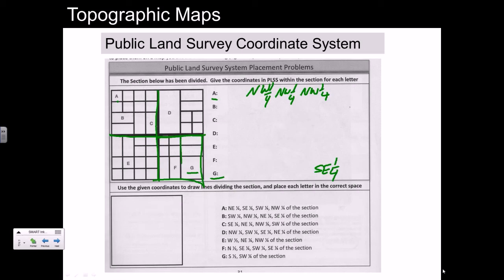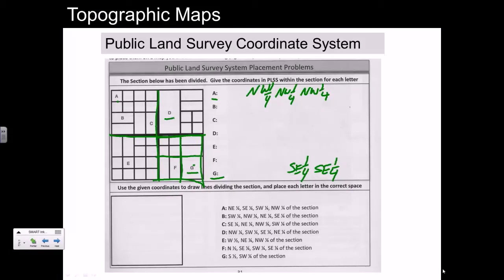And then within that box, we're going to cut it up into fours again, and it's down here, and it's in the southeast quarter of that particular quarter. So it's in the southeast of the southeast. And then we don't have to break it down anymore because we didn't divide the boxes any further.